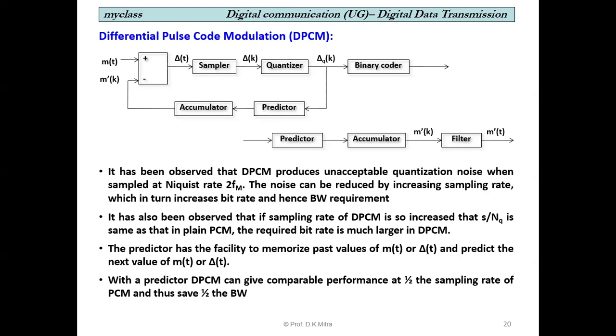That means DPCM now wins over PCM if you use a predictor. And if the sampling rate you can make half, then you save half of the channel bandwidth. That means if you have already purchased the bandwidth, then you can transmit two signals. You use it as two channels. Okay.